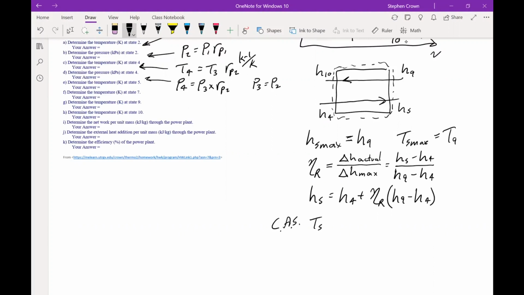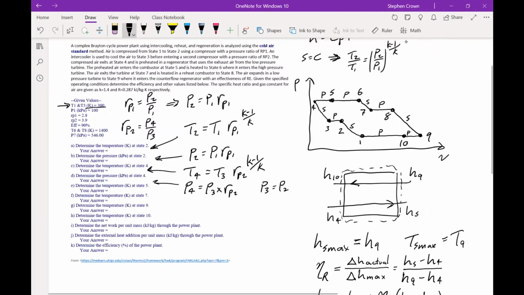We get T5 equals T4 plus regenerator effectiveness times (T9 minus T4). We're using that relationship that we can replace the enthalpies with CpT.